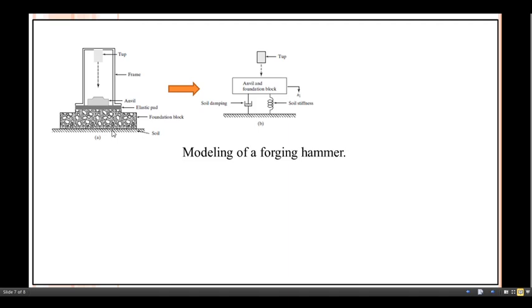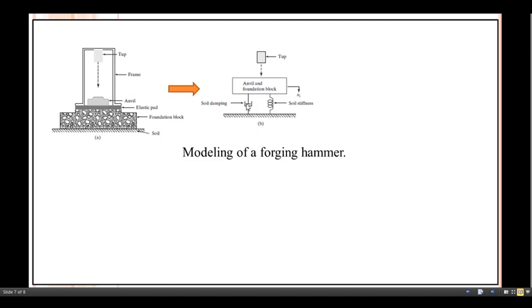So whatever resistance comes from this soil in terms of damping, as well as whatever stiffness is possessed by that soil, we can represent that for the motion of the entire system in downward direction.